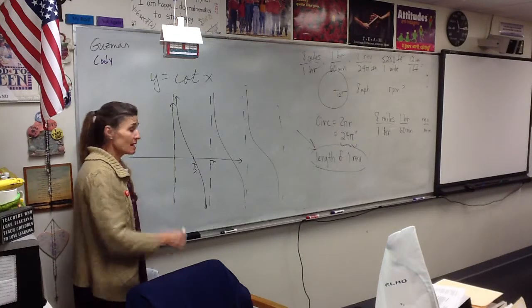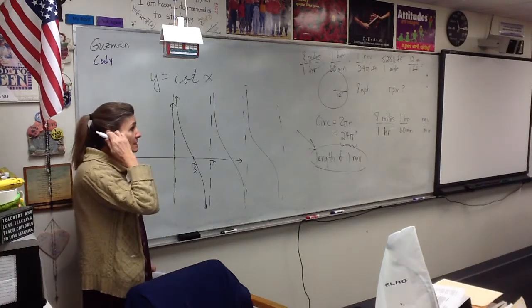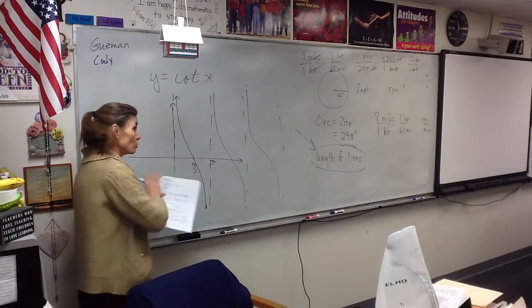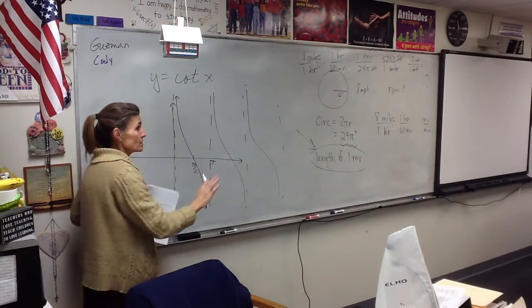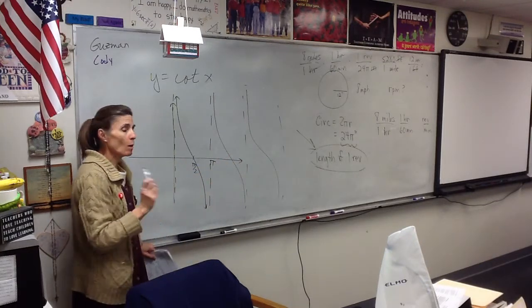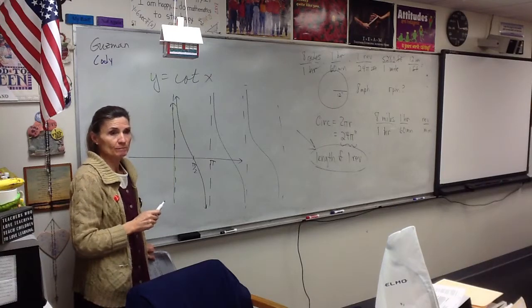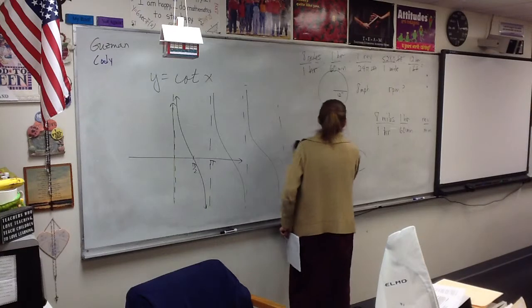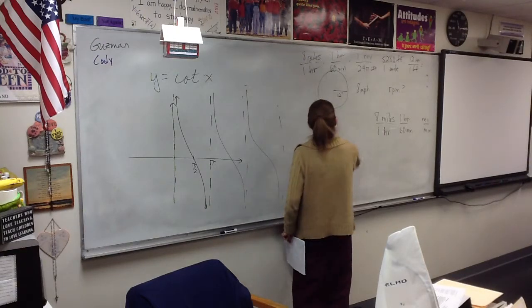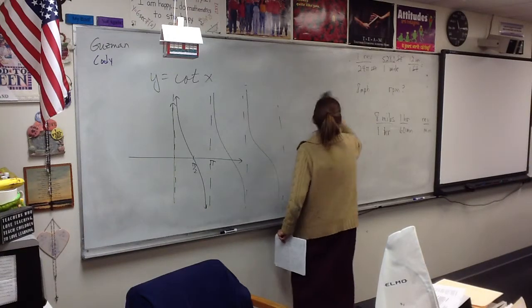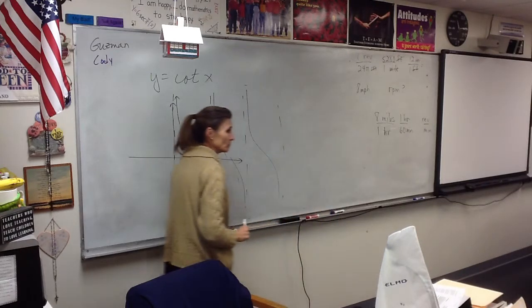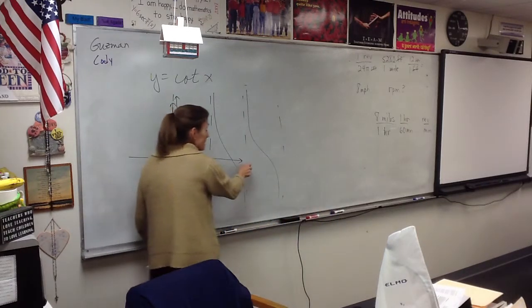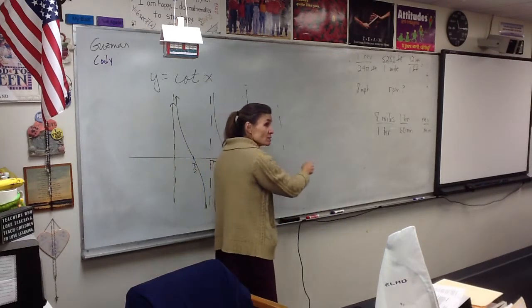So we're tempted to say the domain is all real numbers because it goes on forever and ever in both directions. What's the matter with that? The asymptotes. Because it's got asymptotes. So your domain is all real numbers except where the asymptotes are. Where are the asymptotes? Pi, 2 pi, 3 pi, and so on.